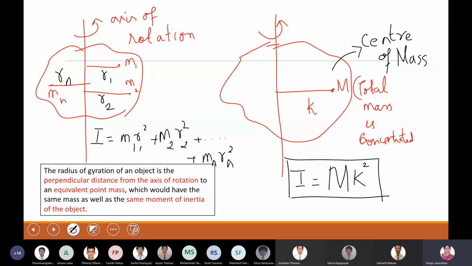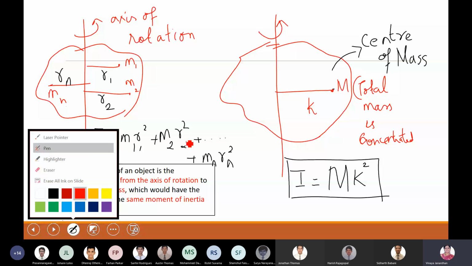Now I can calculate the moment of inertia in a different way. Instead of finding m1, then r1, again m2, r2, this is a tedious process. So instead of that, what we can do is locate the center of mass.